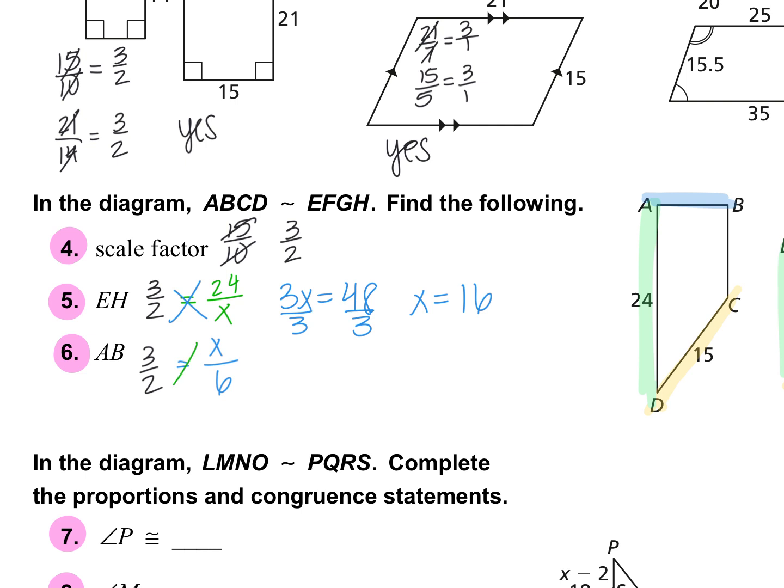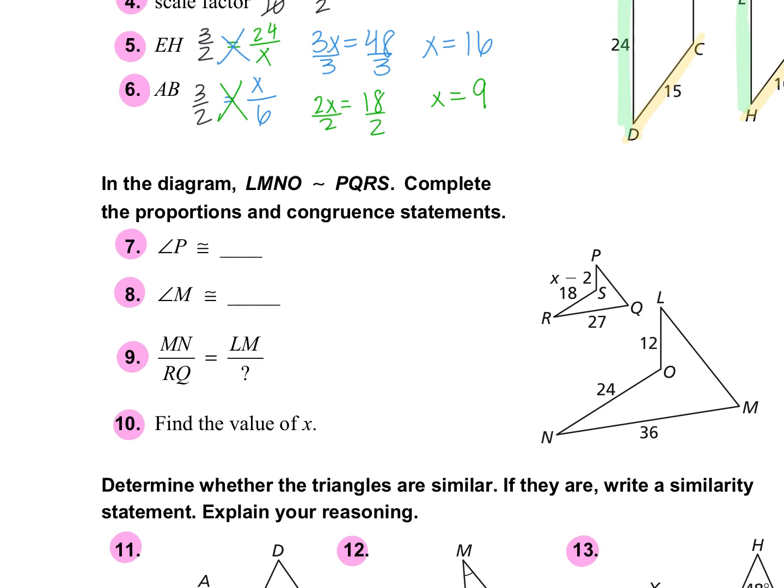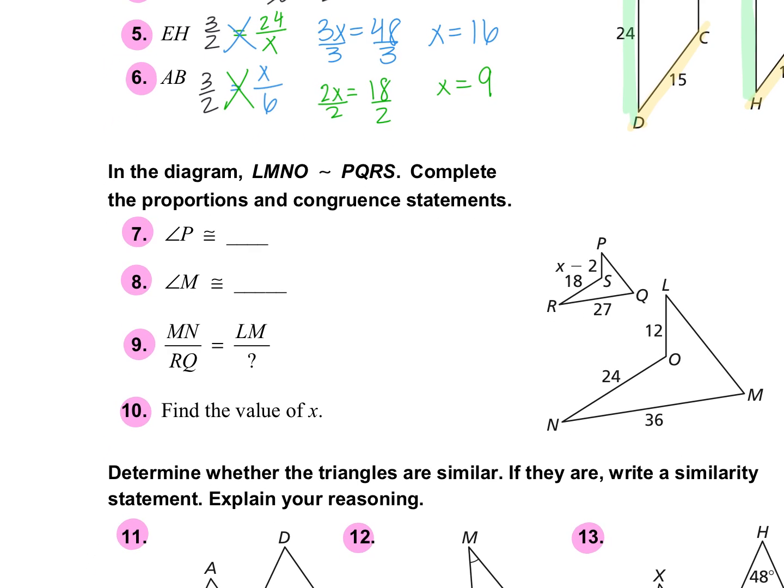Same thing as before, cross multiply. 2x equals 18. Oh, it should be 18. And divide both sides by 2. X equals 9. Am I done? Does anybody have any questions on 4 through 6? Patterson, what's your question? Will there be multiple choice tests? Maybe, but mostly free response.